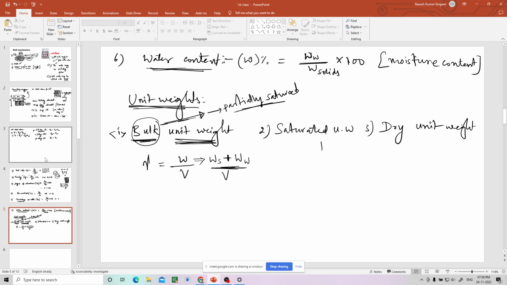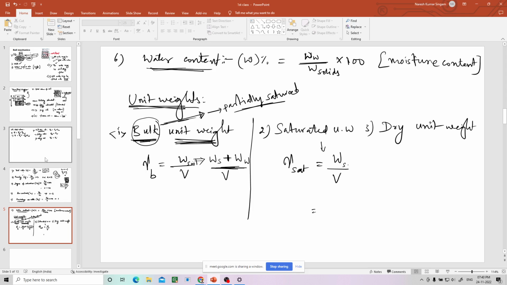Coming to the saturated unit weight, this is denoted by gamma B, and saturated unit weight is denoted by gamma SAT. Again, it is also W by V, weight of the soil divided by the volume of the soil. If there is no suffix, that means it is soil, complete soil. It has solids, water, everything.